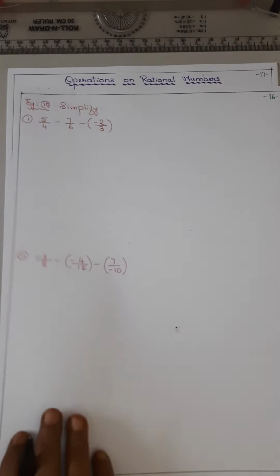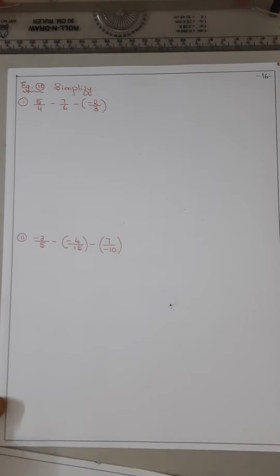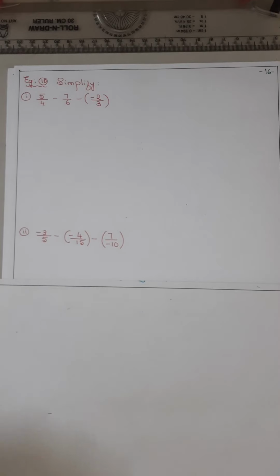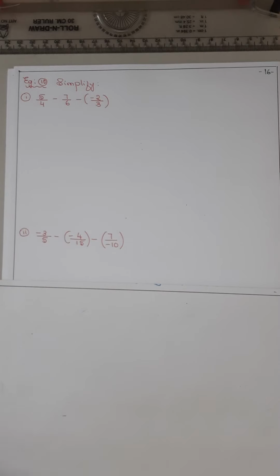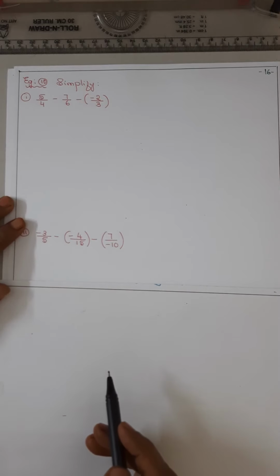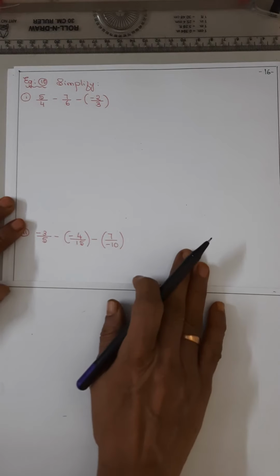Hello. All students, hope you are clear with this topic. Now coming to example 10, first and second subdivision. It is 5/4 minus 7/6 minus of minus 2/3.